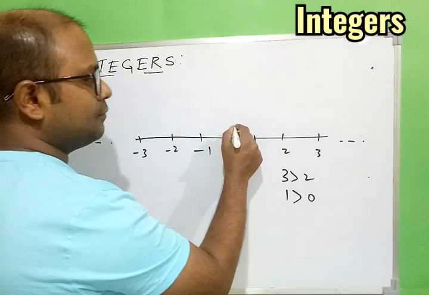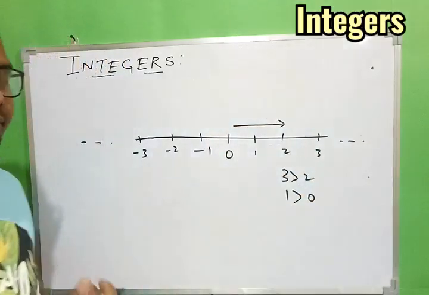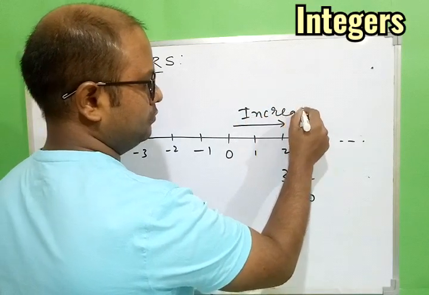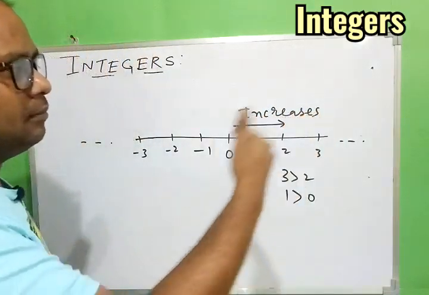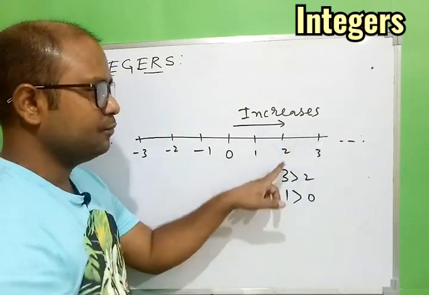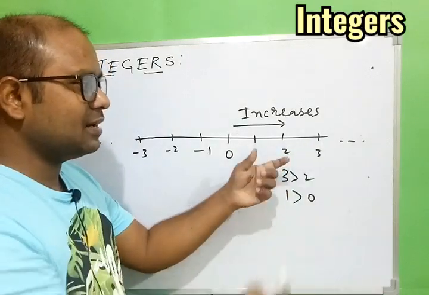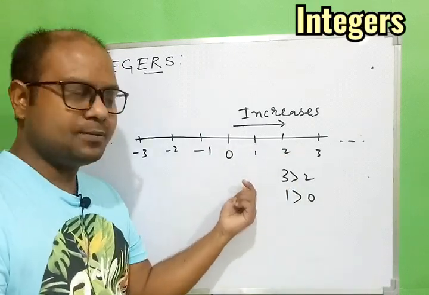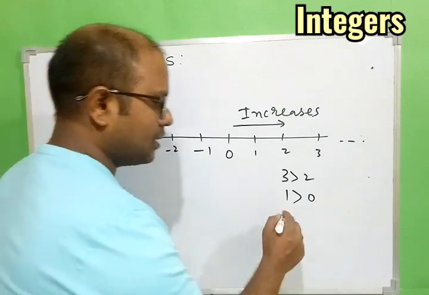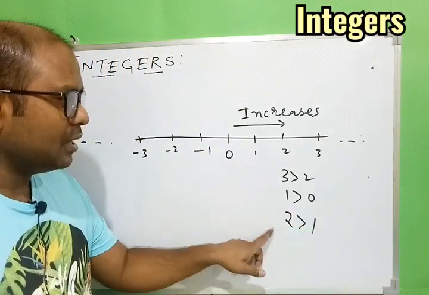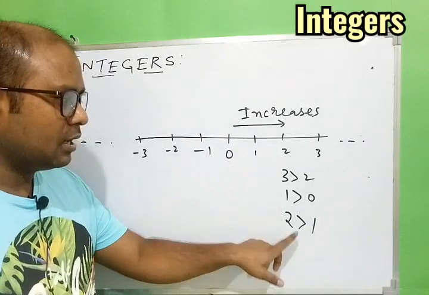If you move this side from 0 to 1, 2, 3, 4, you'll see the number increases. That is, the number on the right hand side is always greater than the number on the left hand side. So 3 is on the right, 2 is on the left, so 3 is greater than 2. Now if we compare 2 and 1, 2 is on the right, 1 is on the left, 2 is greater than 1. So we can write this also.